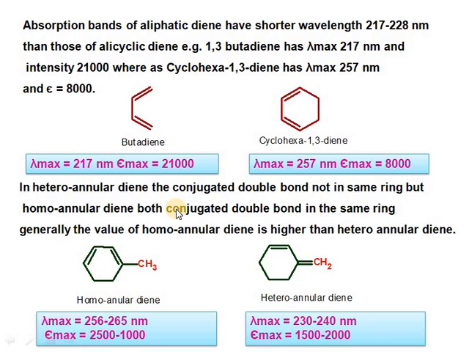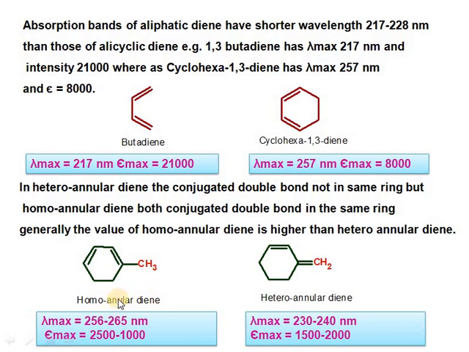Next example we see is the heteroannular diene. Heteroannular dienes and homoannular dienes are different. Heteroannular means the two carbon-carbon double bonds are not in the same ring.